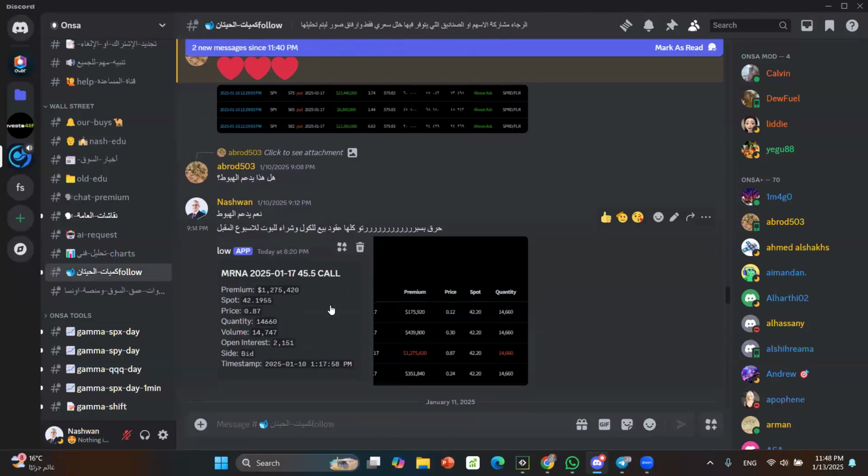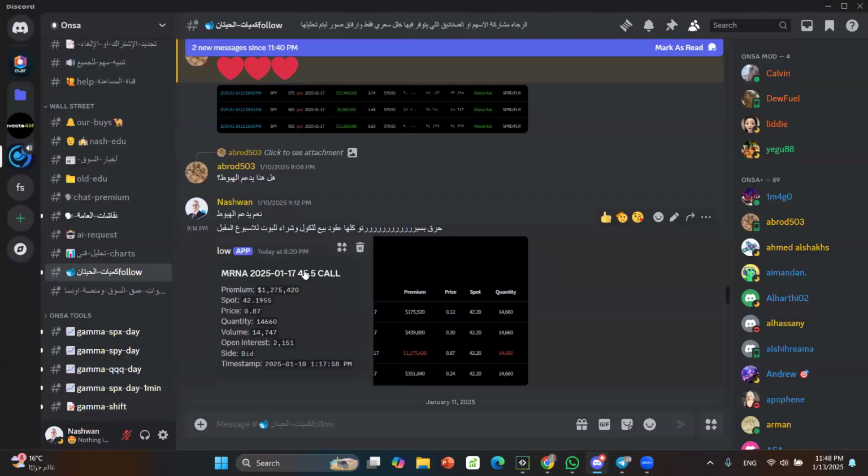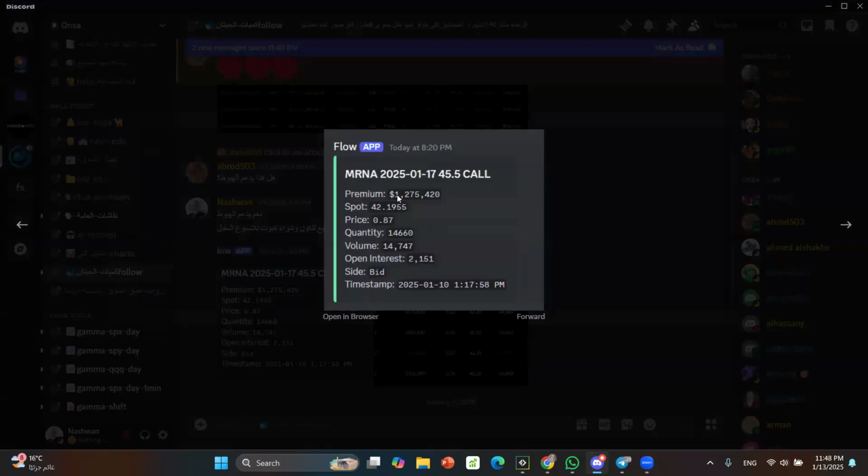For example, in Moderna, we noticed on Friday that this guy was doing a strategy, selling the 45.5 call for Friday. They are selling the calls, especially this contract, the 17th of January Moderna 45.5 call, with 1,274,000, and he's hitting the bid.